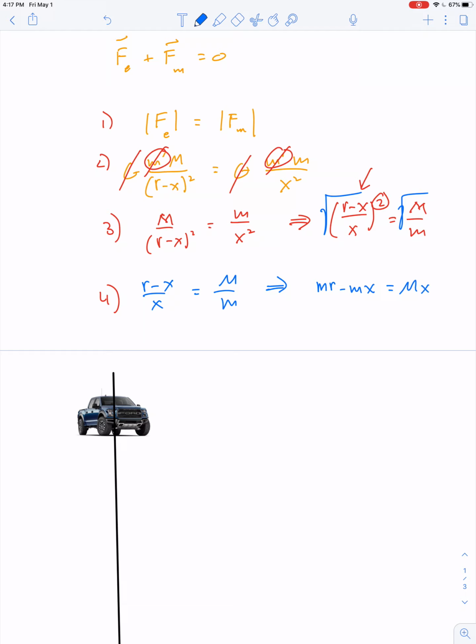So let's get all the x's together on one side of the equation. We have the quantity capital M plus lowercase m, times x, would be equal to lowercase m times r. So x is equal to little m r divided by big M plus little m.